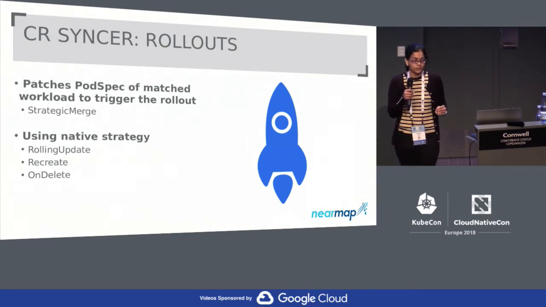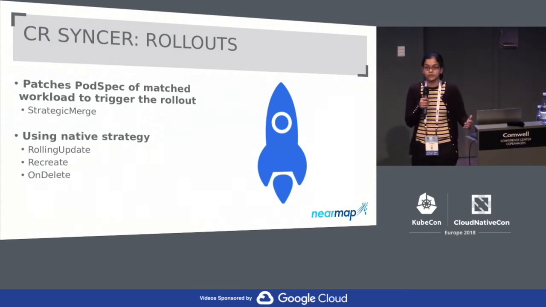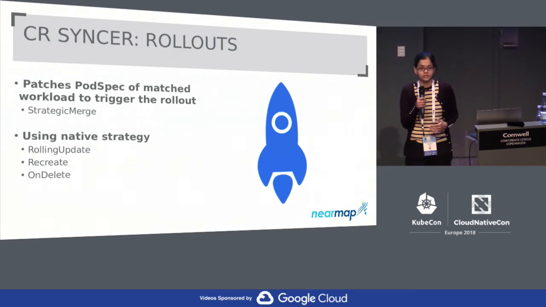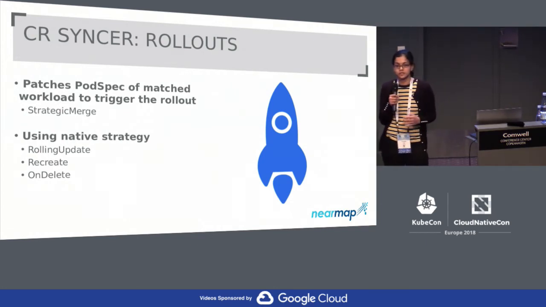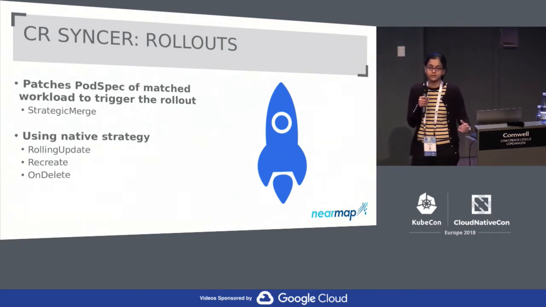And as part of the rollout, the native Kubernetes strategies are honored because the syncers don't perform the rollout itself, but pass the instruction to the control plane of the cluster, which performs the rollout. And as a result, all the native strategies are honored. If unspecified, obviously default is assumed.